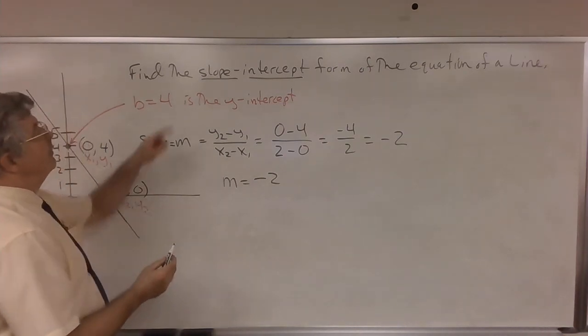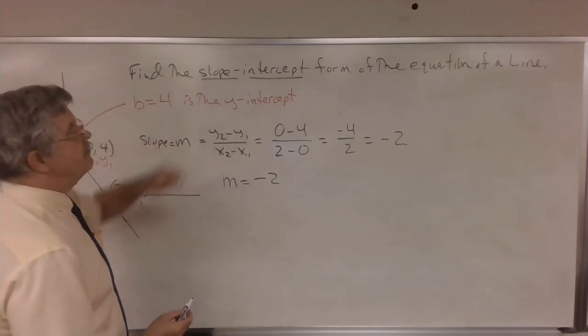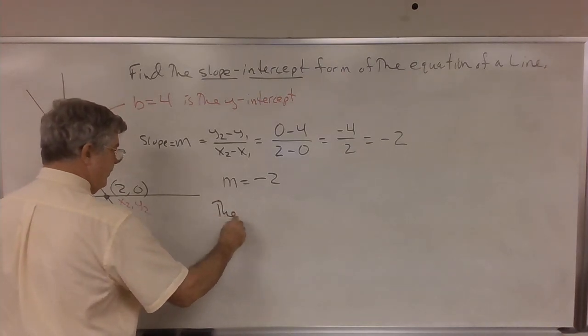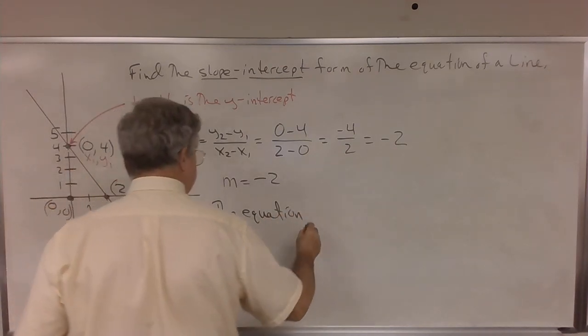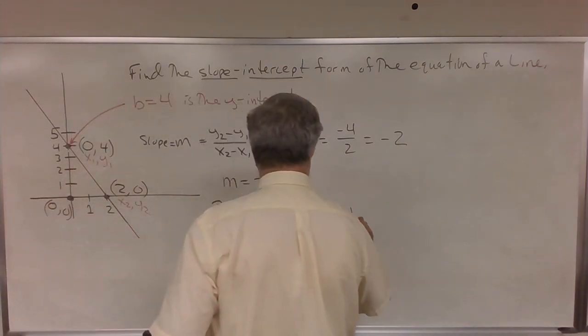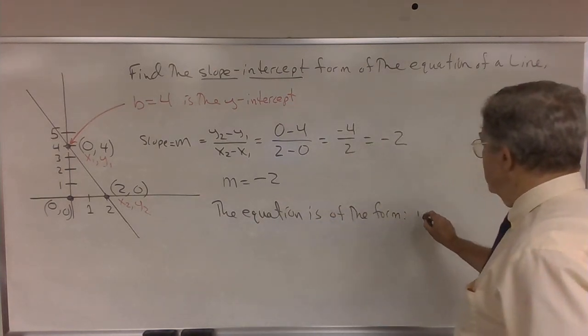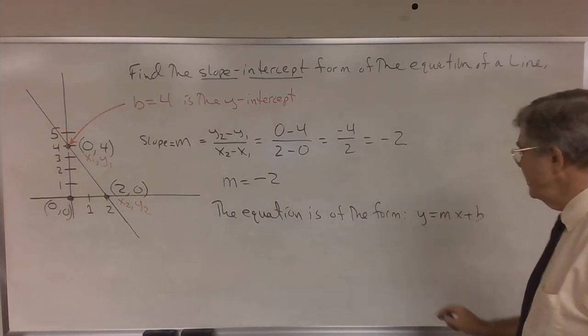Now, this exercise asks us to give the slope-intercept form of the equation of a line. Y equals mx plus b.